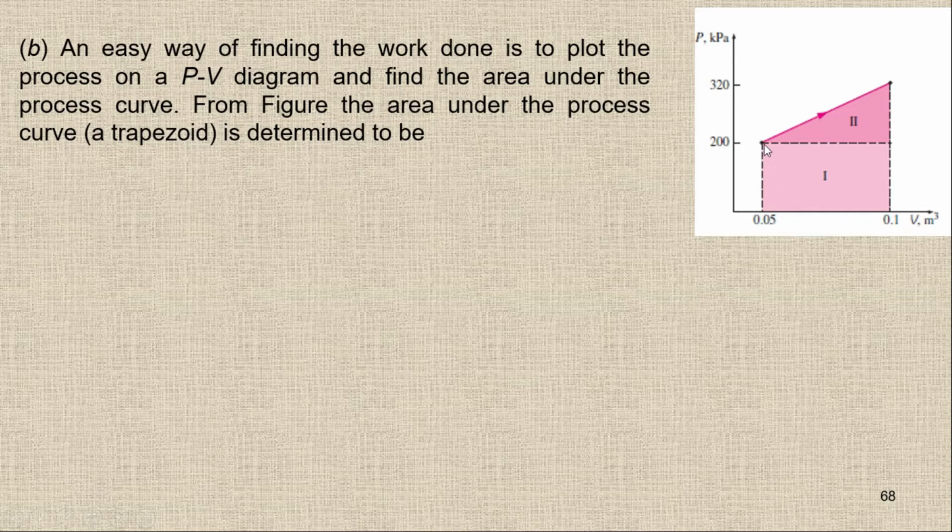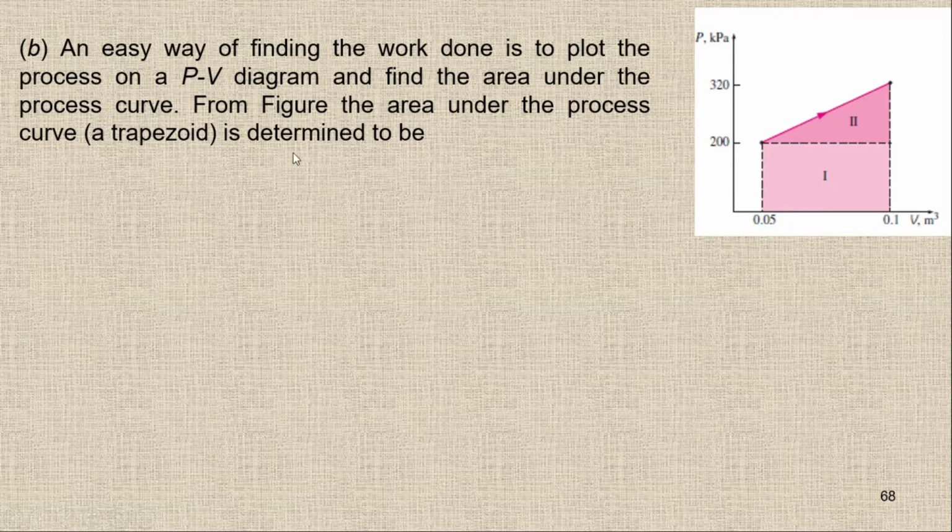We can easily find the area of this rectangle, and then the area of this triangle, which is half base times the altitude. Altitude is simply 320 minus 200, so we have 120 here. So 120 times 0.05 times half is the area of this triangle. For this rectangle we have 200 times 0.05, and then we can add the total area.